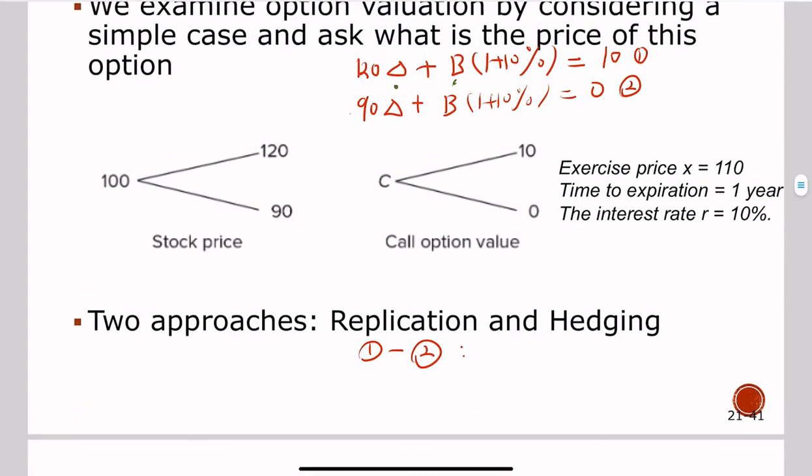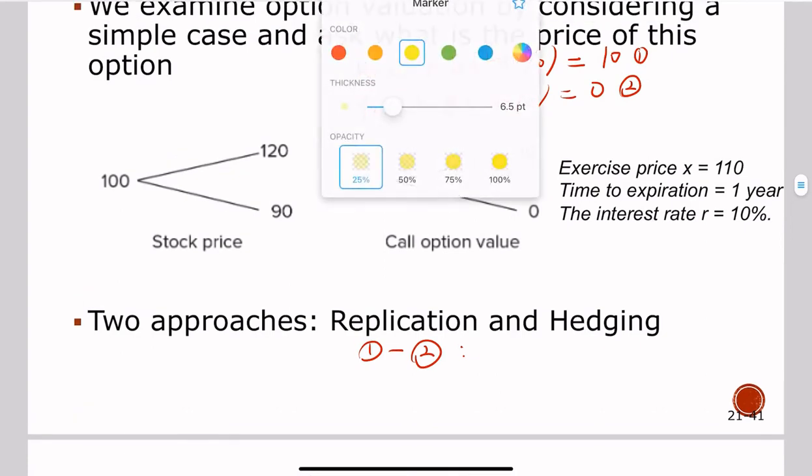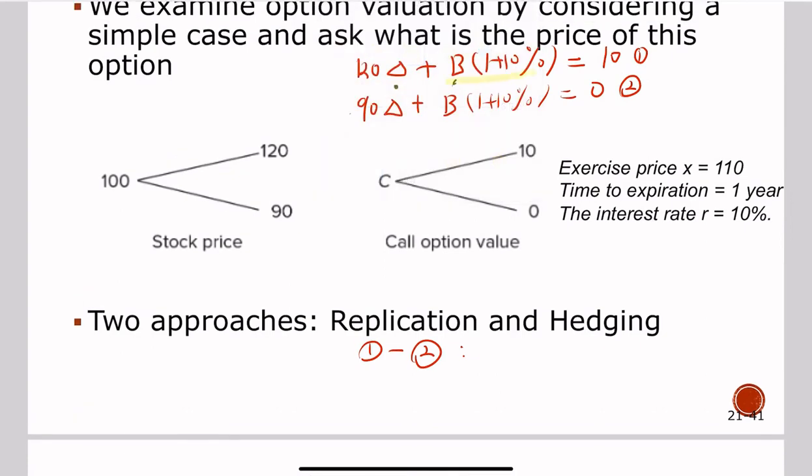And you can see that this B part will just cancel out. And equation 1 minus equation 2 will give you 30 delta equals 10. So delta equals 1 over 3, right?